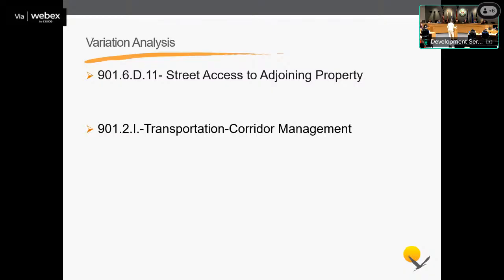The applicant is also seeking a variation from LDC section 901.2I, transportation corridor management. The applicant proposes a variation to the right-of-way preservation table corridor width for Shady Hills Road from 166 feet to 124 feet.